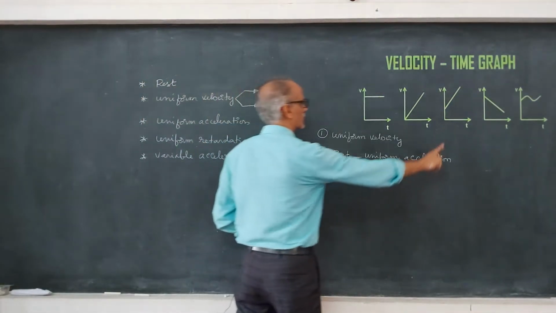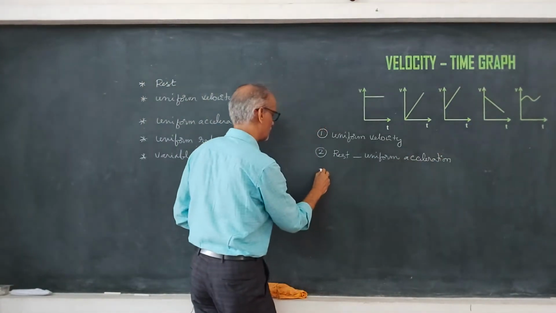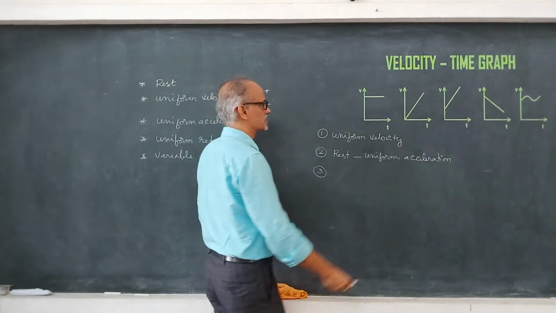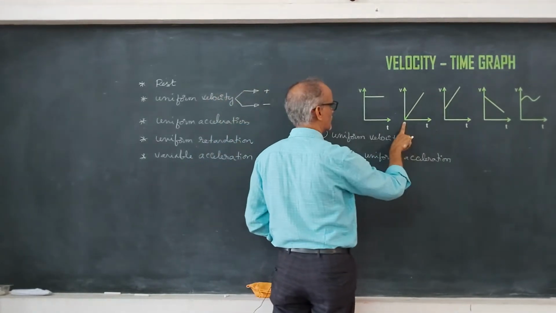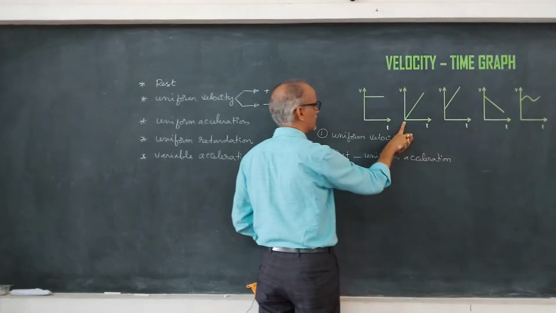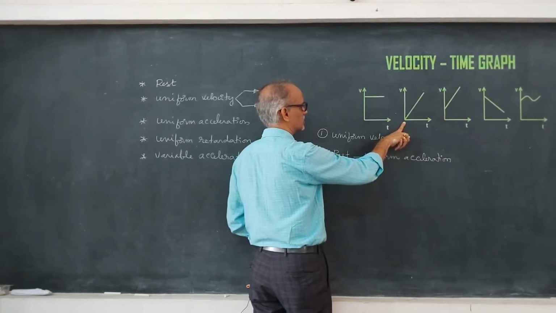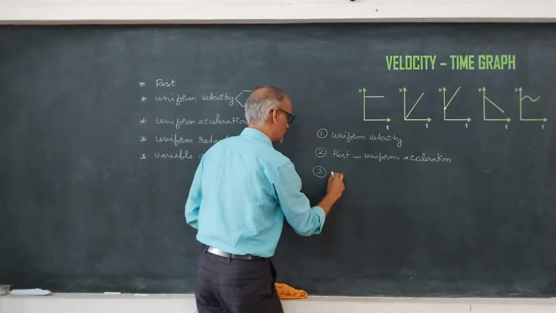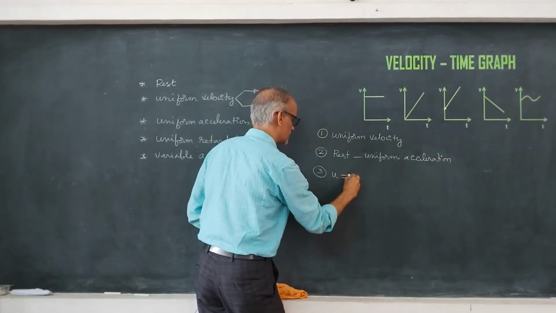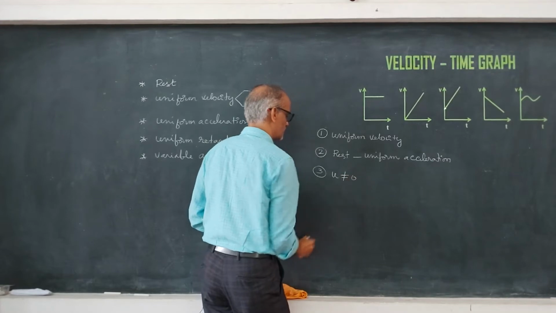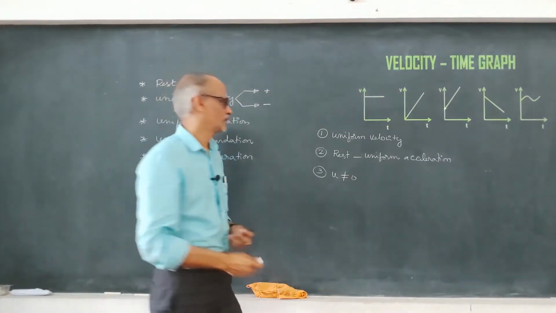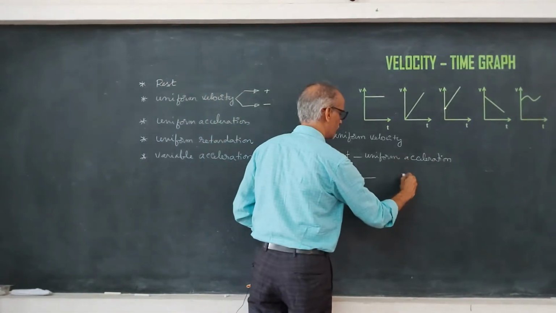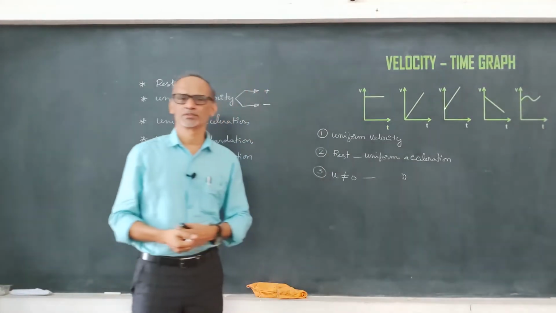Next, the difference between this graph and the previous graph: this is also a straight line, this is also a straight line, but the second starts from the origin and this doesn't. That means here the initial velocity is not 0, but the body has uniform acceleration.